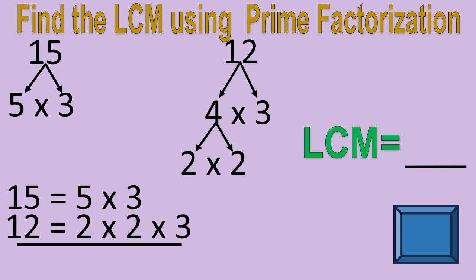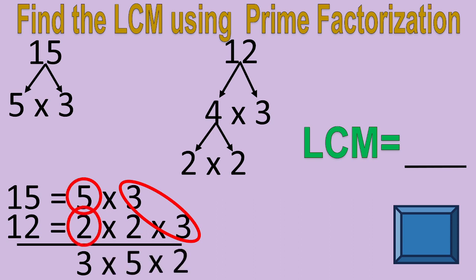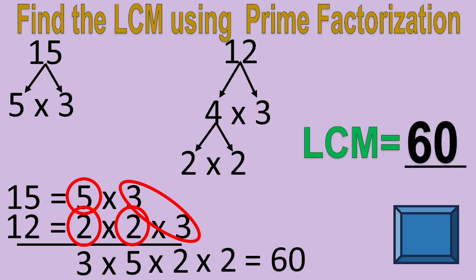Now, the common prime factor of 15 and 12 is 3. And the uncommon prime factors are 5, 2, and 2. Now, let us solve. 3 times 5 times 2 times 2 is equal to 60. The LCM is 60.